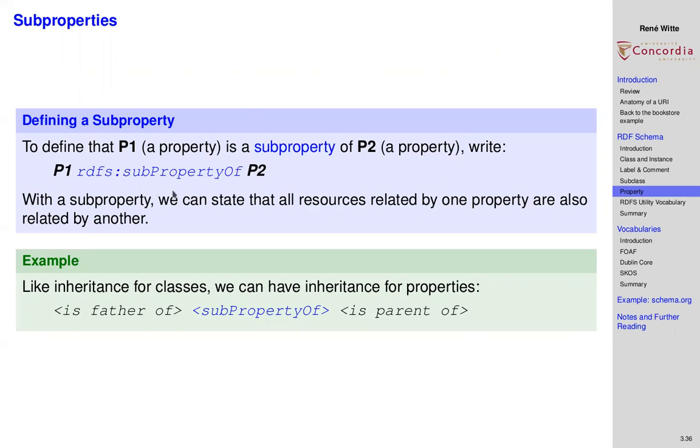And just like subclass of, you do it with RDFS, and in this case, subPropertyOf. So similar to class instances, you say that all the resources related by one property are also related by the other property. For example, you can have a property is parent of, and then a subproperty is father of the property is parent of. Now, when you are father, you're always a parent, but not the other way around.